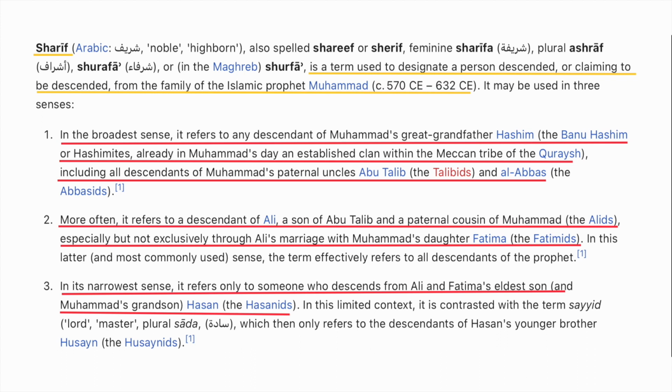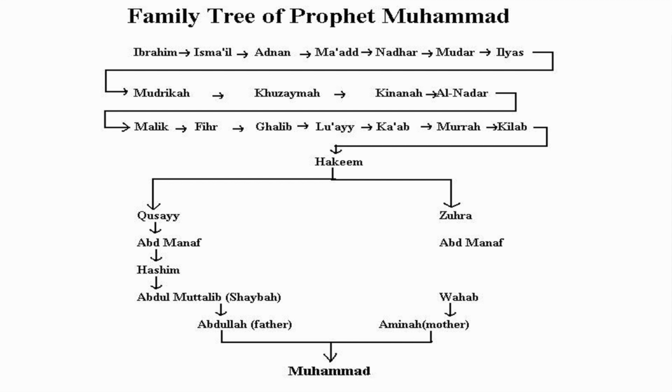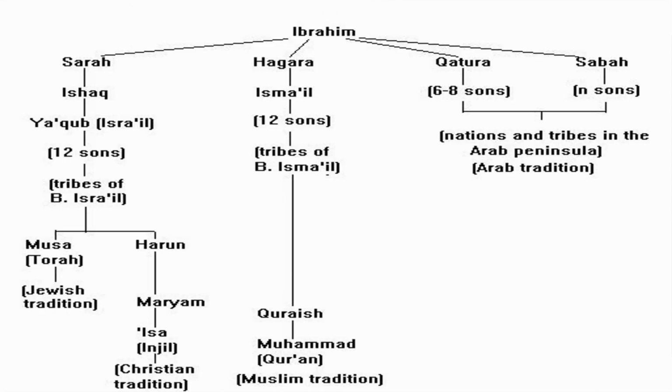the Jews. A Sharif is a term used to designate a person descendant or claiming to be descendant from the family of the Islamic prophet Muhammad. In the broader sense, it refers to any descendant of Abraham's great-grandfather Hashim, the Banu Hashim or Hashimites, already in Muhammad's day an established clan within the Meccan tribe of the Quraysh, including all descendants of Muhammad's paternal uncles Abu Talib and Al-Abbas.